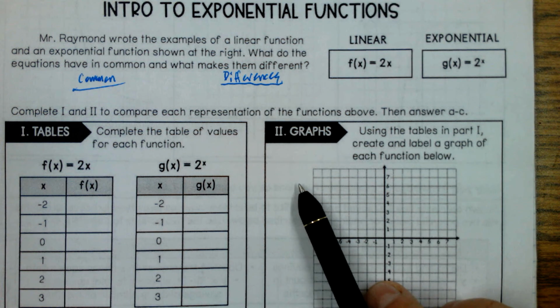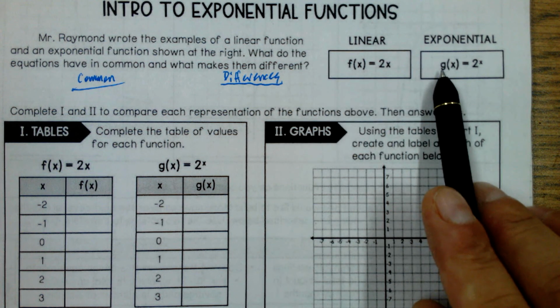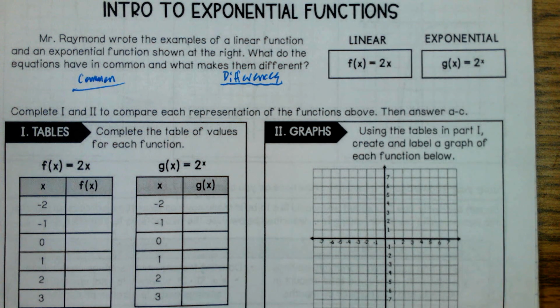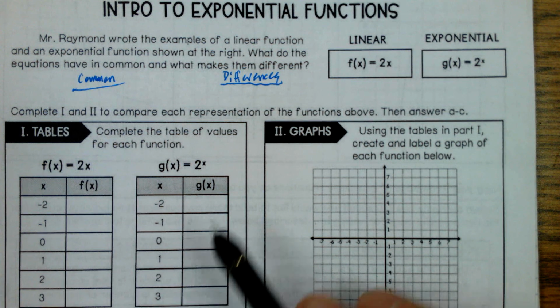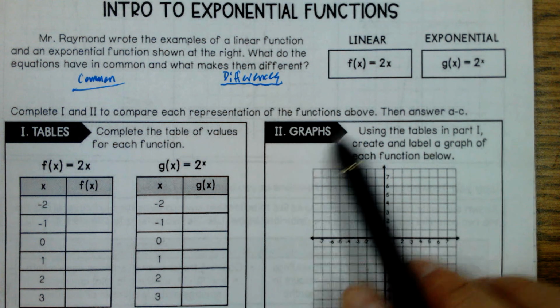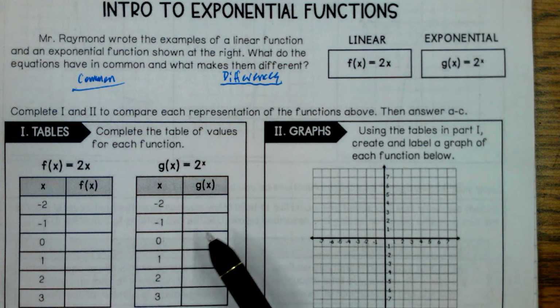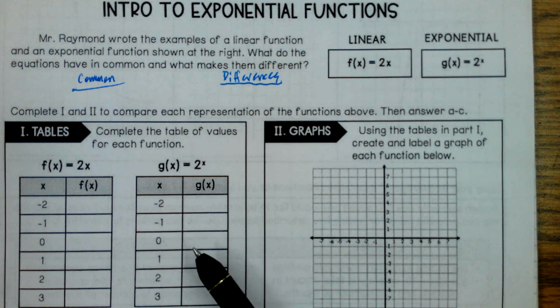Anything else that's different? Oh, okay. One is f of x, the other is g of x. So they're functions, but they're not the same function. So they're different types of functions. Write some of this down. And one is exponential and one is linear, obviously.